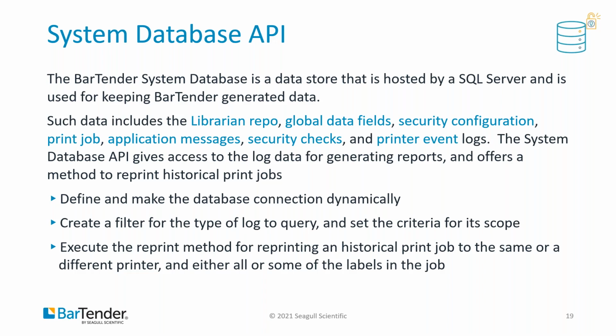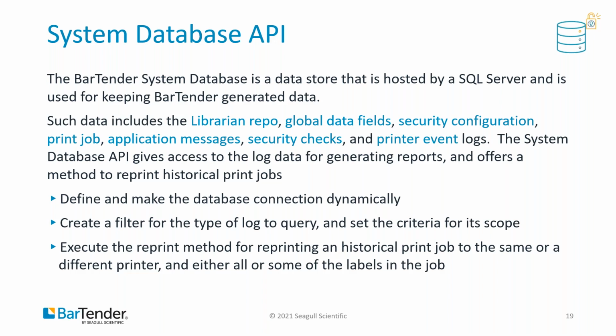The system database API in particular allows you programmatic access to this logged data, this treasure trove of data that your applications might wish to get hold of, for the purpose, of course, of generating reports. And it also offers the method of reprinting historical print jobs as well.